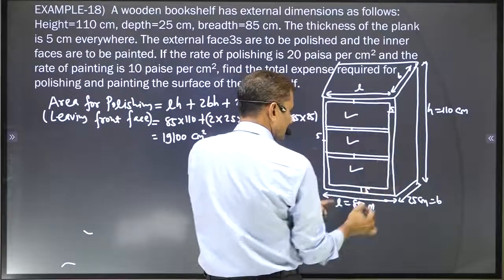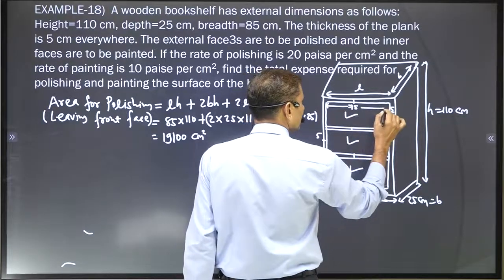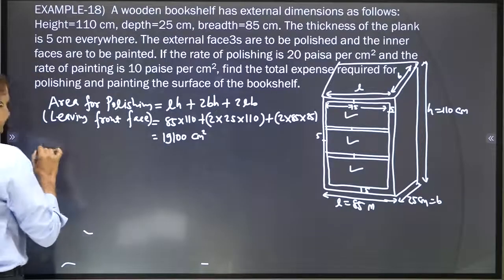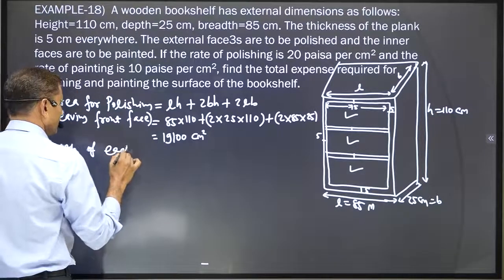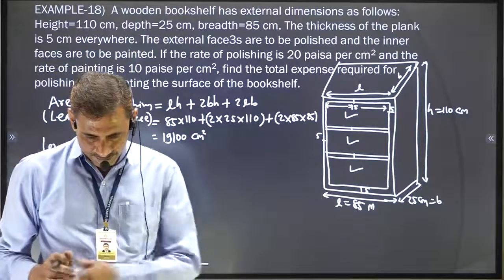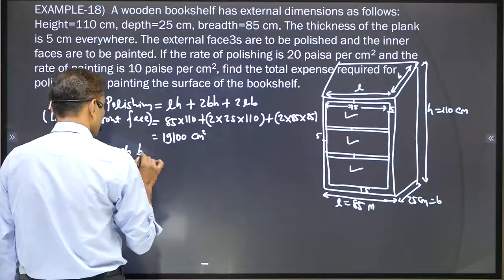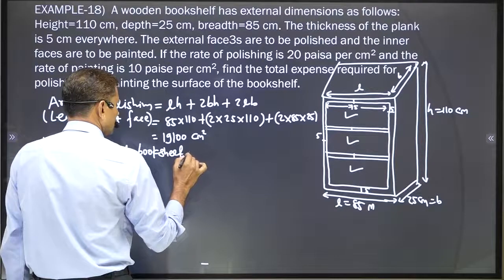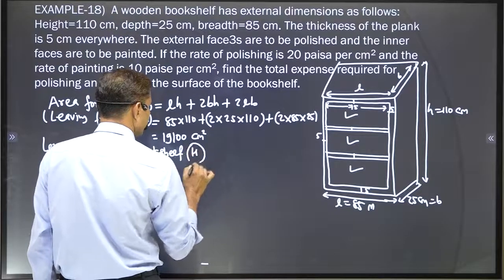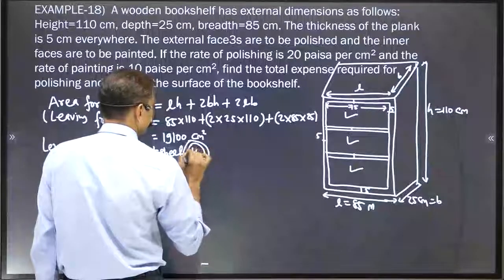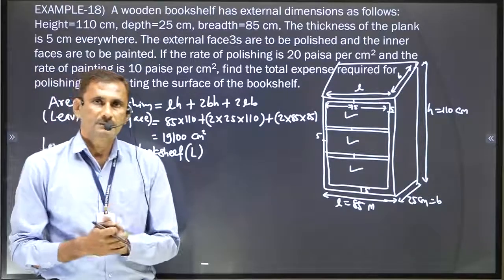The length is actually 85, but from each side 5 is cut, so it is 75. Understand well. I am writing here also: length of each bookshelf row. I am using capital L because length comes a second time, but it is different.